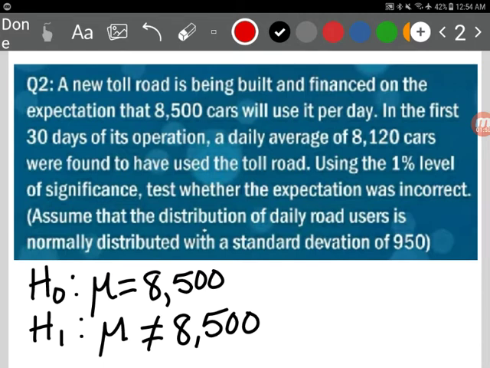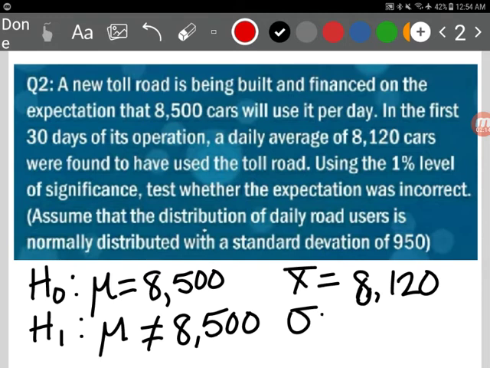We also have some more information given to me. They have also told me that the sample mean is 8,120. The standard deviation of our population is 950.